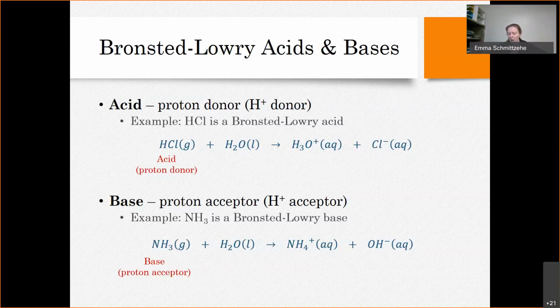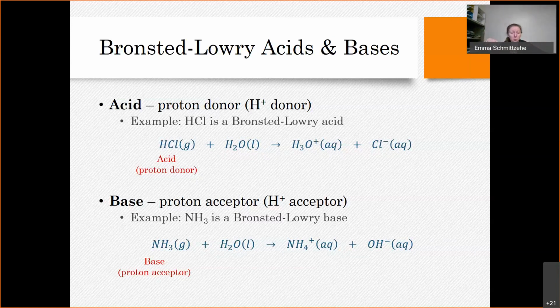In this case, if you have something that is donating a proton, giving up an H plus, there has to be something else there that is accepting it. Or if you have something accepting an H plus, there must be something else there that is giving that up. So these have to go together, whereas the Arrhenius acids and bases can act independently of one another. For Bronsted-Lowry, they cannot. They have to be paired.